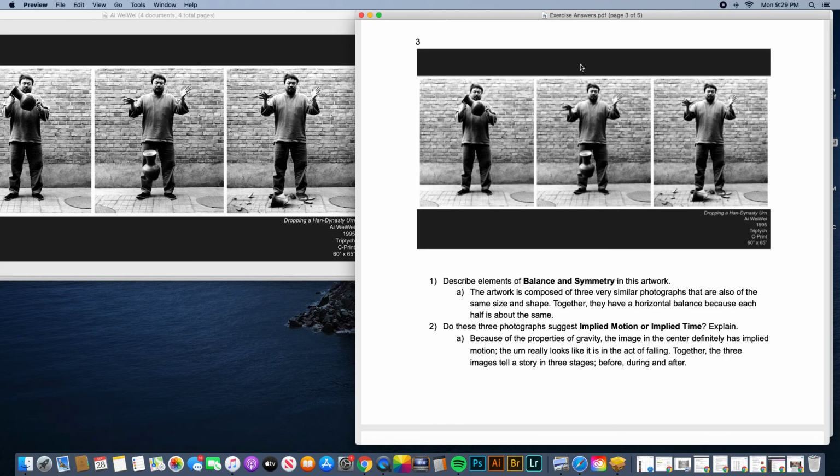Horizontal balance: I am envisioning a line that goes down the center of the body in the middle picture, and then these images on the left and on the right, and even the left side and right side of his body. They're not the same, they're not symmetrical, but they are balanced because it's a similar weight.